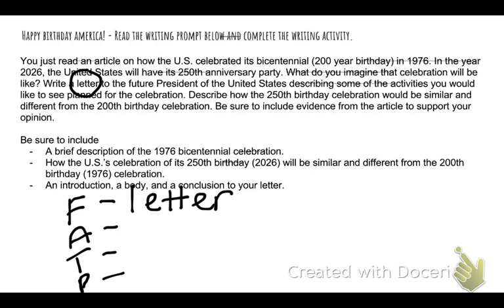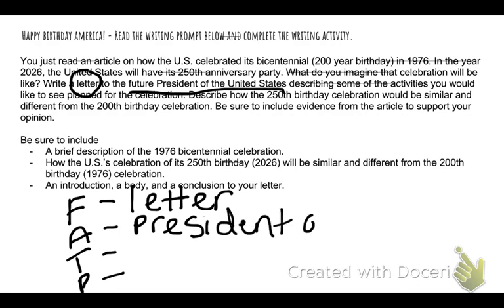Who is my audience? It says right here, write a letter to the future President of the United States. So for my audience, I'm just going to go short, President of U.S. So it's future President of the United States or President of the United States. At least it's enough for me to know when I start writing.